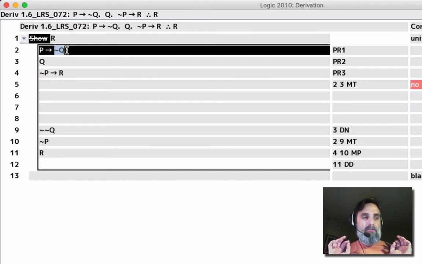The point of a derivation is that it's looking just at the symbols, and it's not thinking about what the symbols mean. And so when it says, well, do lines 2 and 3 fit together in the way in which the MT rule says they have to? The answer is very simply just no, because the negation of the consequent is the consequent plus a negation, and that's what the modus tollens rule is looking for.